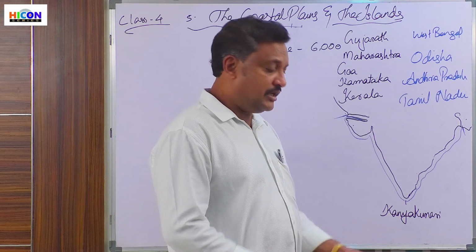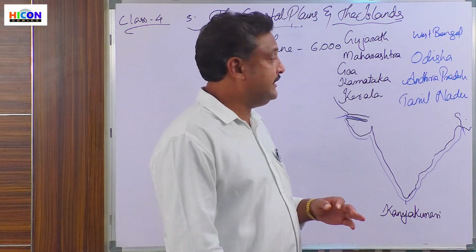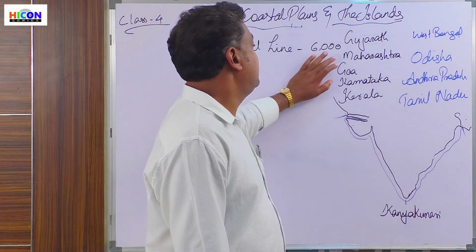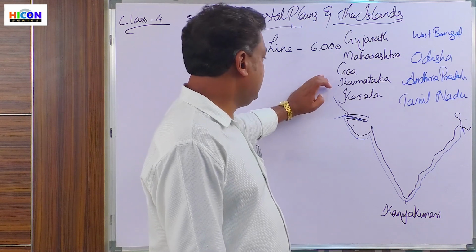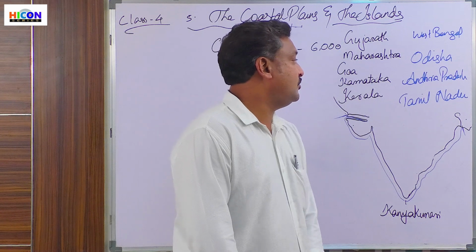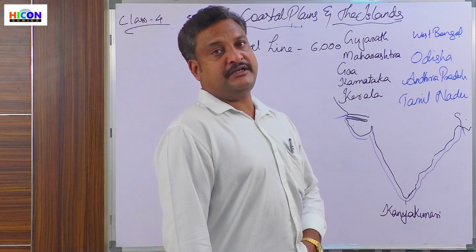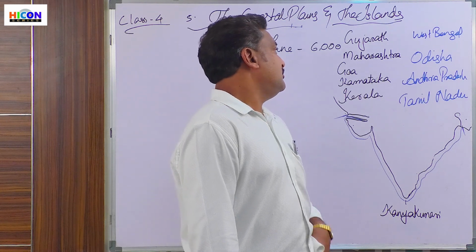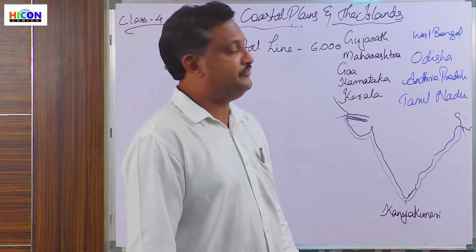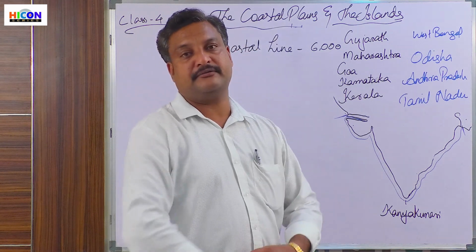So which are the states that share the coastal region in India? On the western side, we have Gujarat, Maharashtra, Goa, Karnataka, and Kerala. And on the eastern side, we have West Bengal, Odisha, Andhra Pradesh, and Tamil Nadu. Both these eastern and western coastal regions of India converge at Kanyakumari.